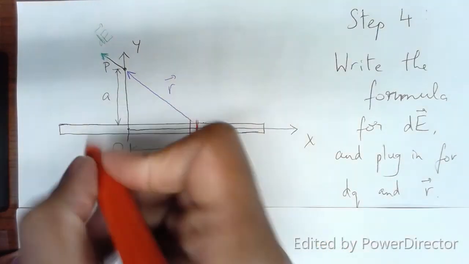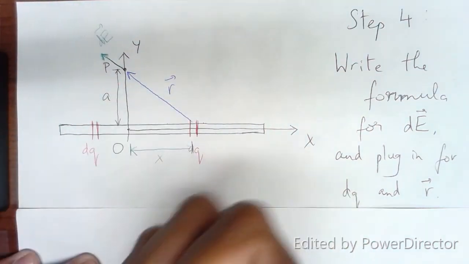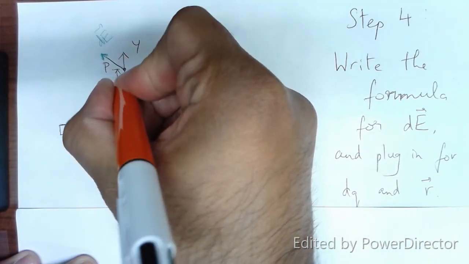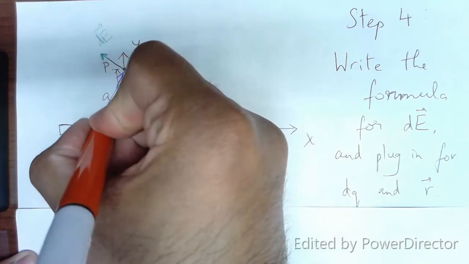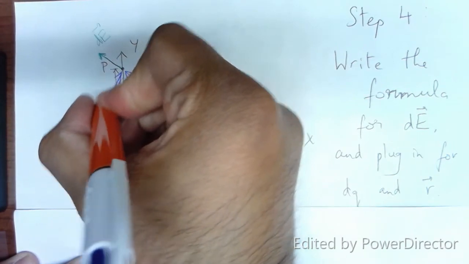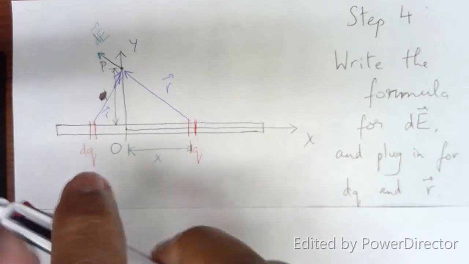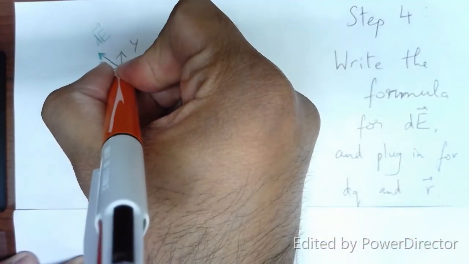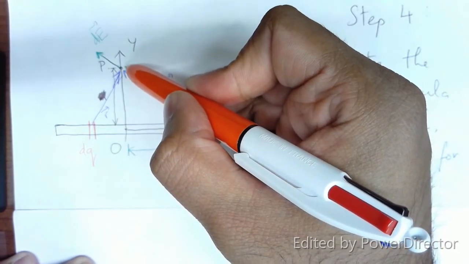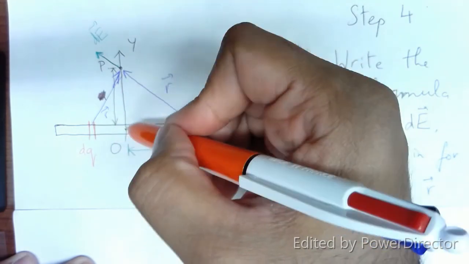So at some point we'll look at a dq over here, which will have its own r, and it will have its own dE, and now this dE will again be pointing away from dq. It will be a little bit stronger since the dq is closer to point P.